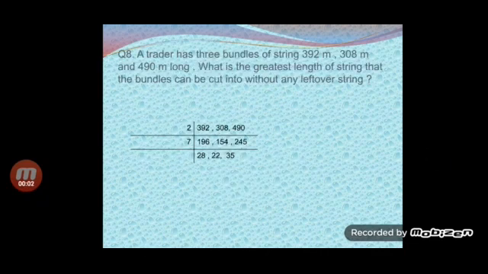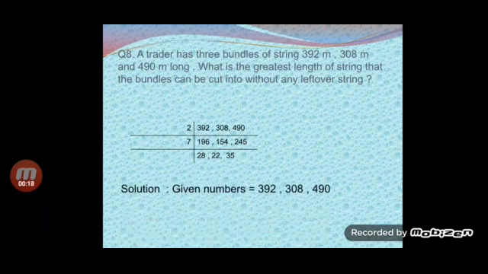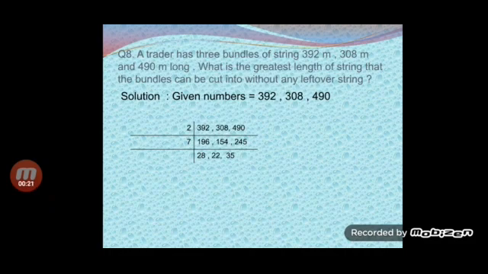Question number 8. A trader has 3 bundles of strings, 392 meters, 308 meters and 490 meters long. What is the greatest length of the string that the bundles can be cut into without any leftover? So let's see how we are doing it. 3 numbers are given, so we have to find the HCF. Why?